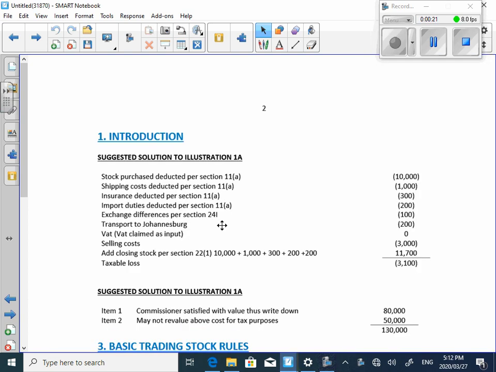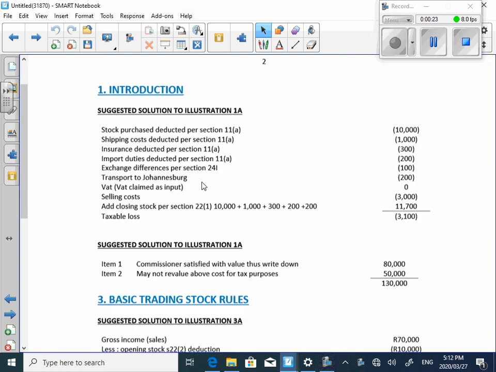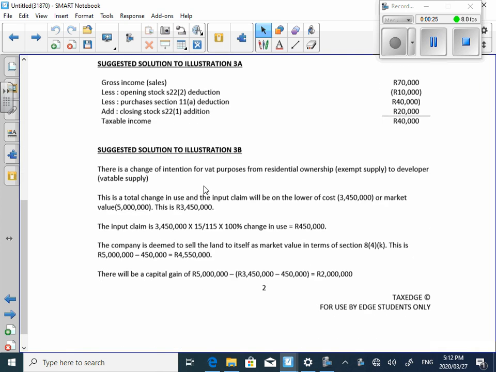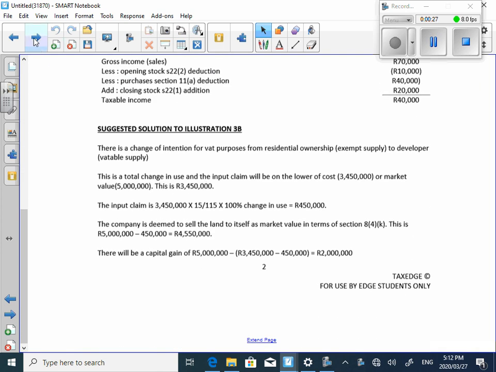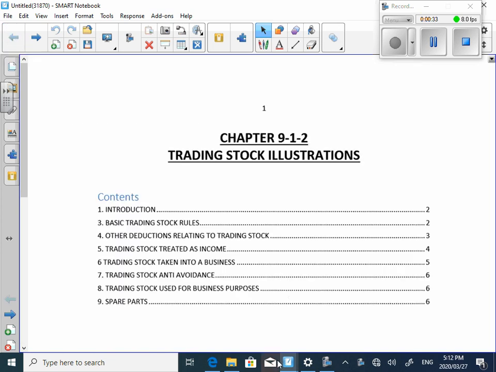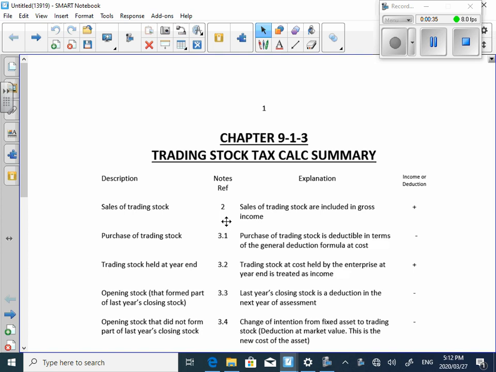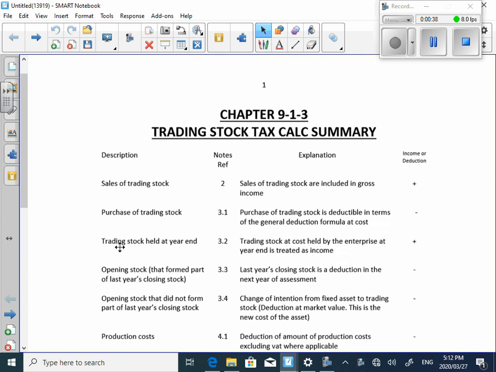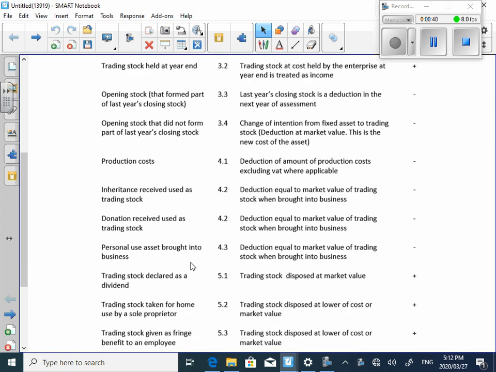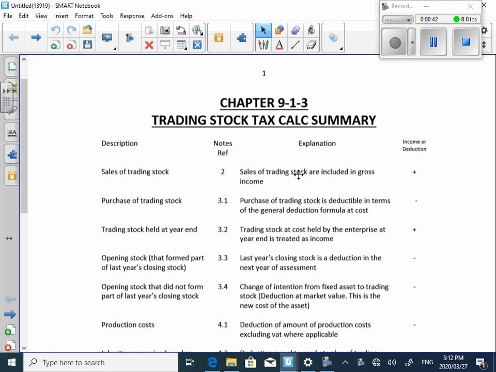There are suggested solutions to all of the examples inside the set of notes, kept separately so that you can look at the question and the solution, and you can think of how to do the question without actually looking at the solution first. There is a trading stock summary where each section of the notes is summarized with a description, what notes reference there is, an explanation, and whether it's income or a deduction.